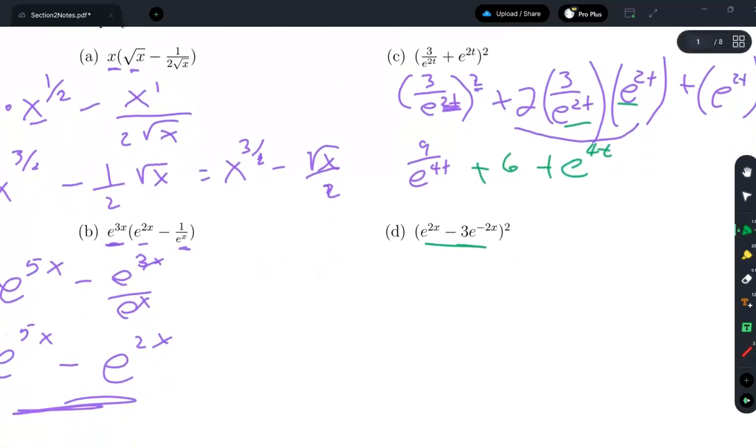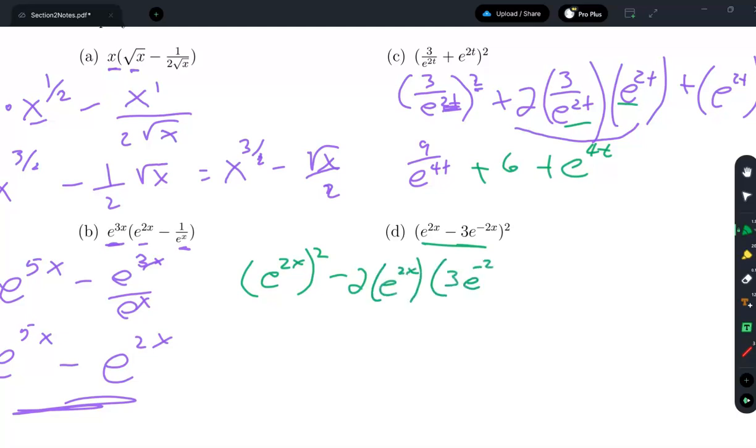Let's do that same special product with this one. So I'll have e to the 2x squared minus 2 times e to the 2x, 3e to the negative 2x, and then plus this last term squared. So multiplying the 2x times the 2, that gives me e to the 4x.